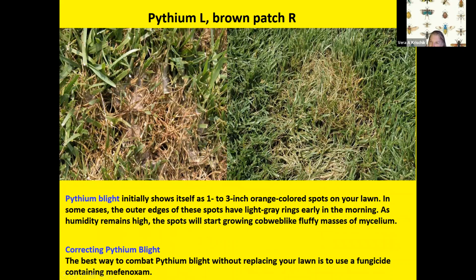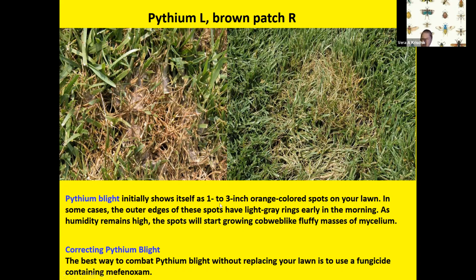This is Pythium blight, and this is brown patch, Rhizoctonia. This looks greasy or wet. See the mycelium there? Again, the naive might say this is Japanese beetle. They'll go spray acelepryn, but that won't control it. So Pythium blight initially shows itself as 1 to 3 inch orange colored spots.